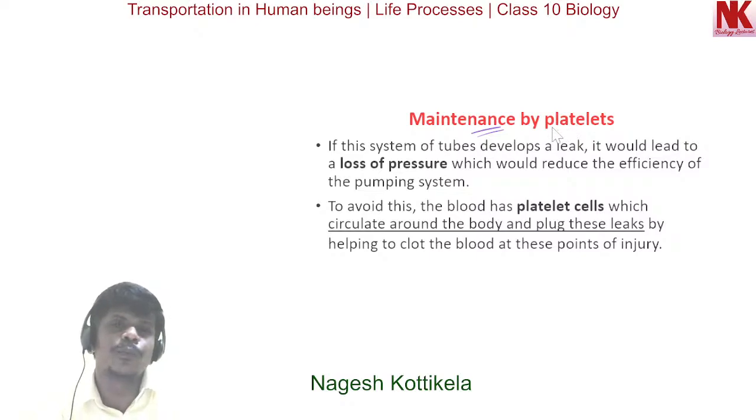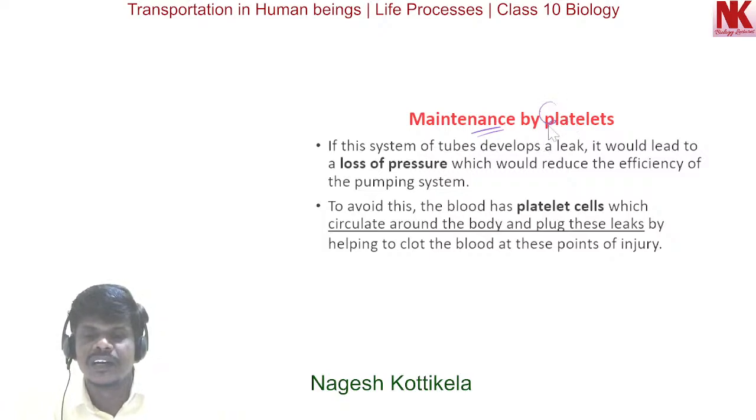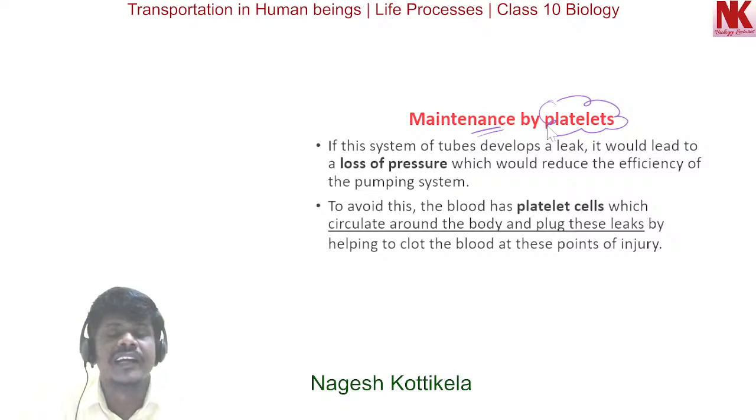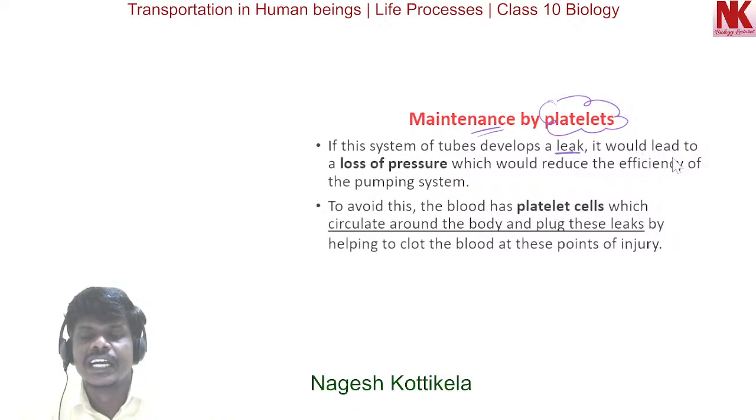In the beginning we discussed that a system is needed to repair injuries, and the platelets present in the blood play an important role in this. If this system of tubes develops a leak, it would lead to loss of pressure.